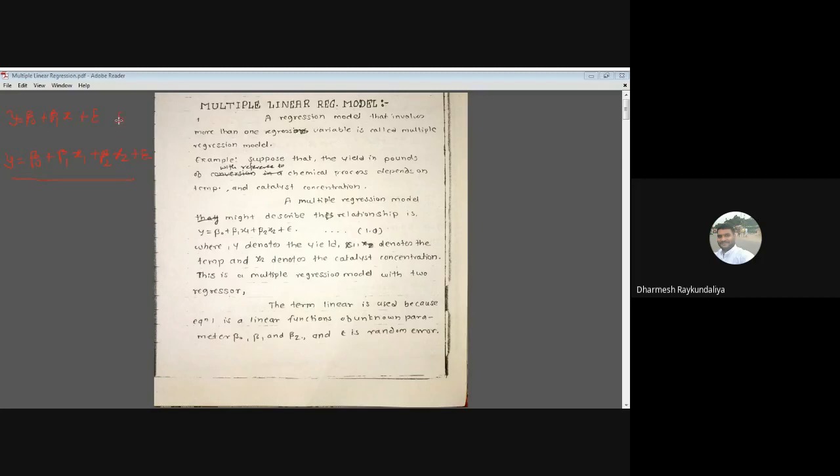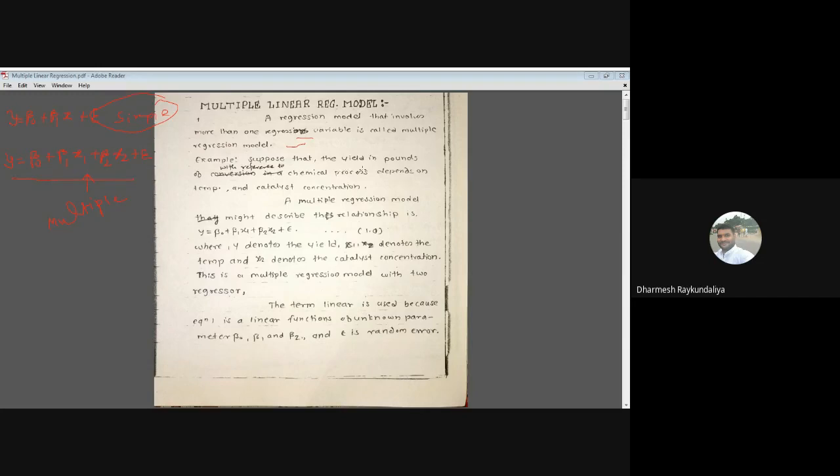This is simple, and this is multiple. The relation between y and x1, x2 is linear in parameters, so it is also known as a linear regression model. And because there is more than one regressor, it is known as multiple linear regression. A regression model that involves more than one regressor variable is called multiple linear regression.